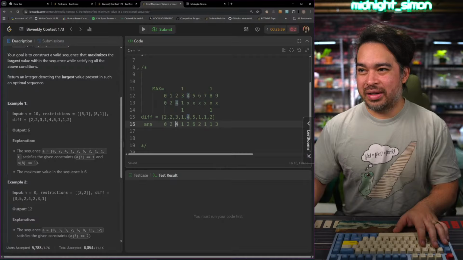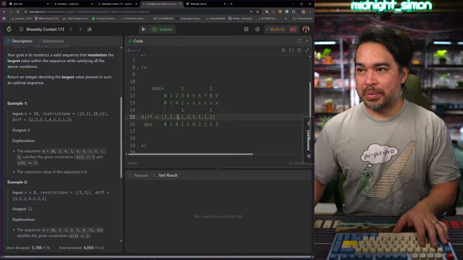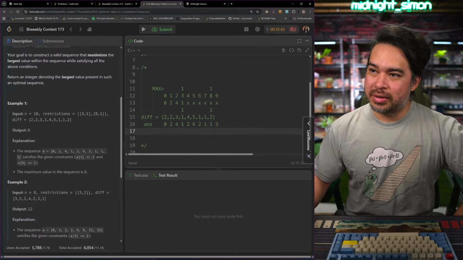Is that gonna work? Oh, but then this one has to be within. Then maybe we try and just hit the restriction from 1 and then hit all the diffs. Is that possible?